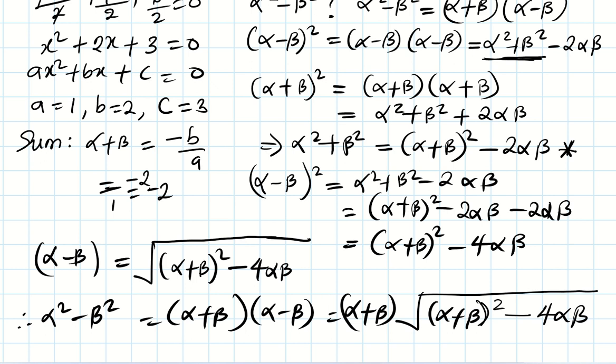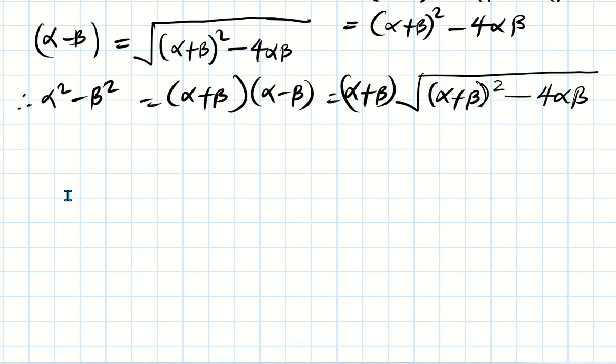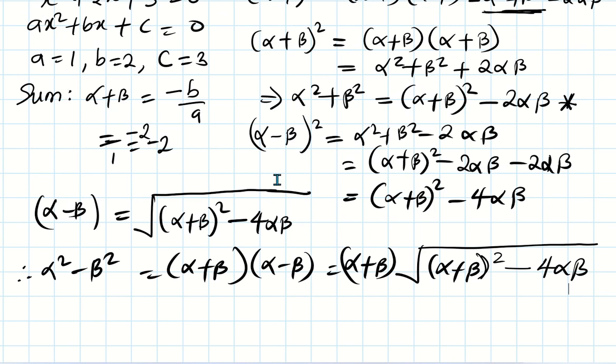On doing so, our alpha beta is 3 and the sum is minus 2.